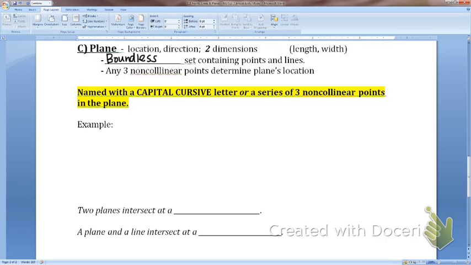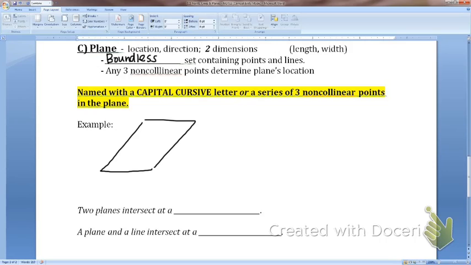All right, so let's look at what this might look like. Okay, so I'm going to draw a plane, and when I say a plane, I'm just going to draw a slanted rectangle. I want you to do the same. Draw a slanted rectangle. So one of the things you're going to have to get used to in geometry is drawing things.